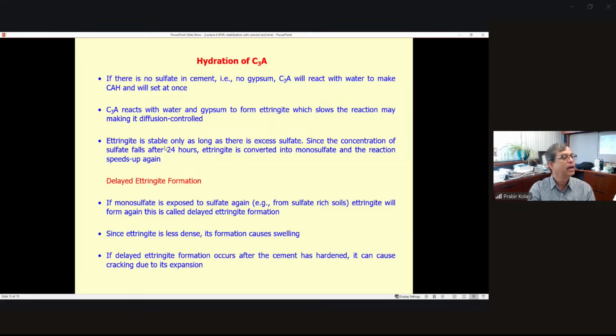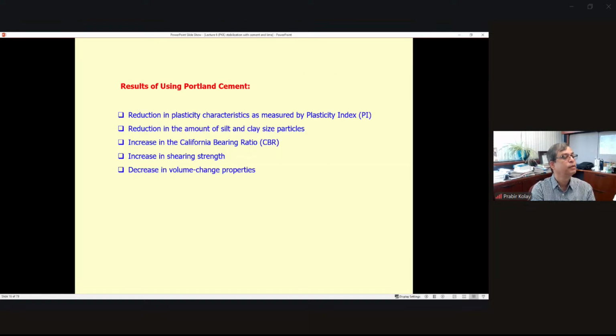Ettringite is stable only when there is excessive sulfate. Since the concentration of sulfate falls after 24 hours, ettringite is converted into monosulfate. This is much better. So these are the different reactions that take place with the different compositions of the cement itself.